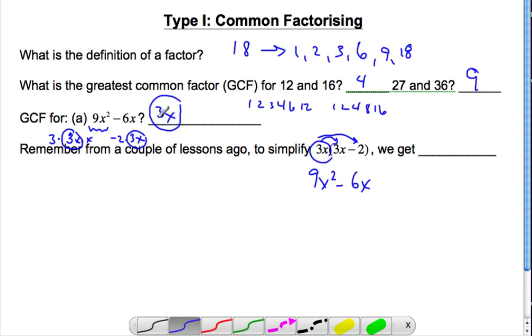When I pull out that 3x, if I'm going to go backwards, I ask myself, what times 3x gives me 9x squared? Well, that's a 3x. And what times 3x gives me a negative 6x? That's minus 2. Okay, so it's like the reverse of expanding brackets, right? We're going backwards. Opposite of expanding is factorizing.